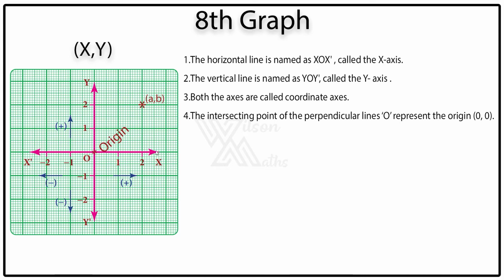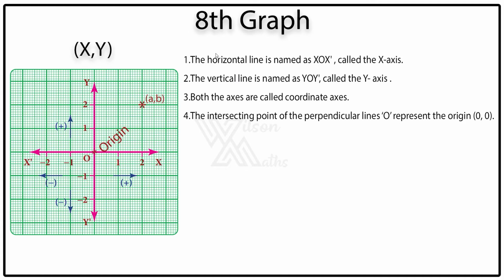This x-axis and this y-axis, both the axes are called coordinate axes. The intersecting point of both the axes is the origin. The intersection point of the perpendicular lines, O, represents the origin 0, 0. Did you understand?